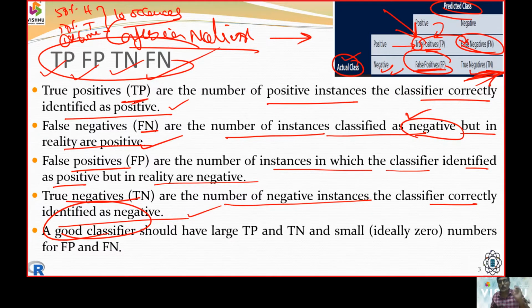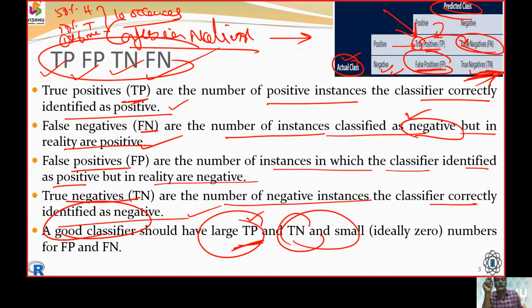So how should that be measured? We should have large true positive and true negative, and very small false positive and false negative.